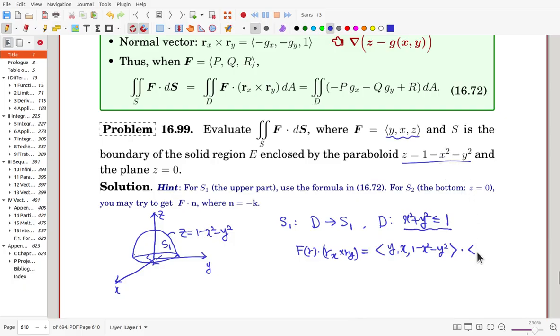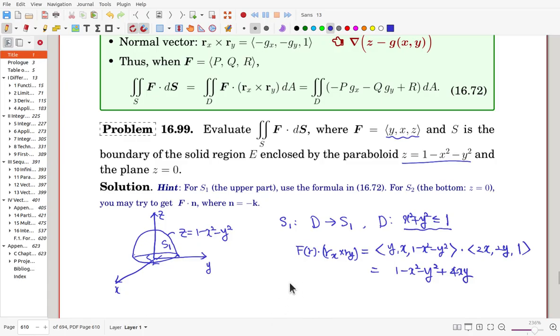G sub x is minus 2x, and with the minus, that is 2x. G sub y is minus 2y, minus of that is 2y, and 1. Right? So we have that one is the same as 2xy, again 2xy, so that is 1 minus x squared minus y squared plus 4xy.